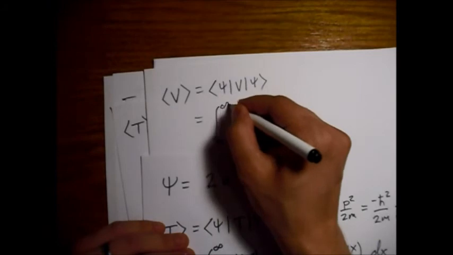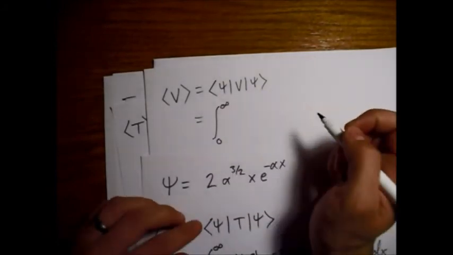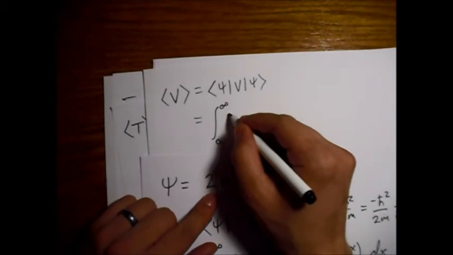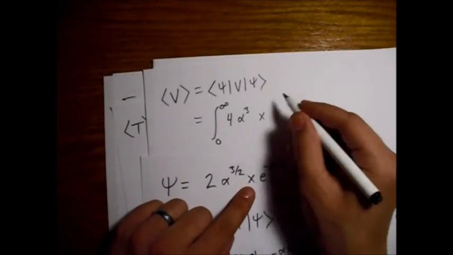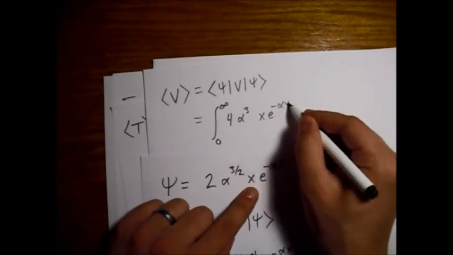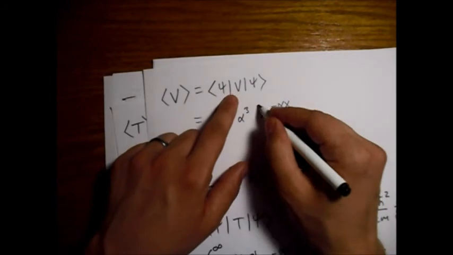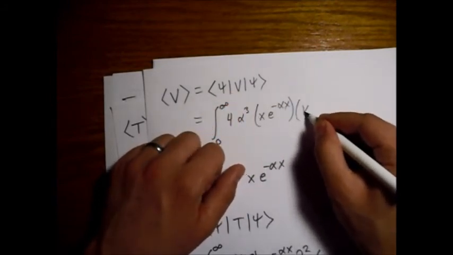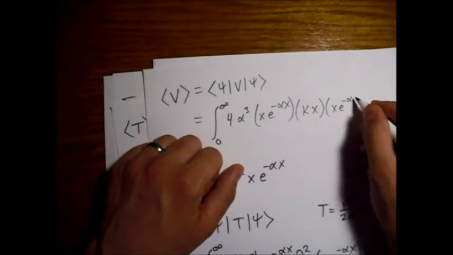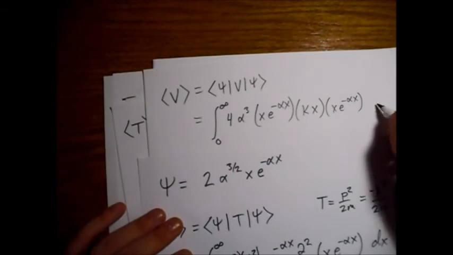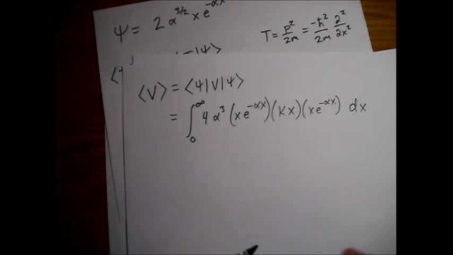So nothing too fancy. Here we're integrating from 0 to infinity. Let's bring out some constants again. So we have our 4 alpha cubed. Then we have an x e to the minus alpha x. Our potential was just kx, and then x e to the minus alpha x again, dx.